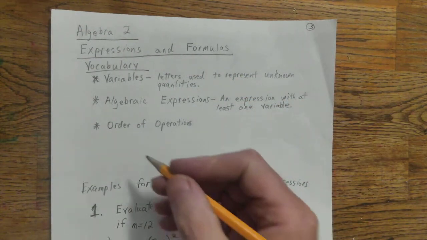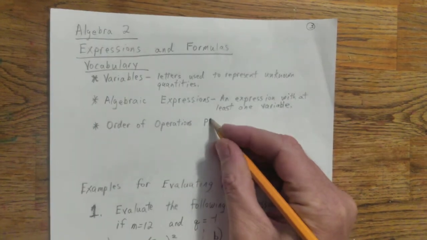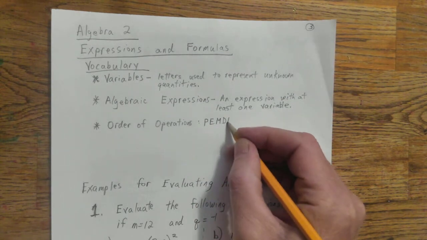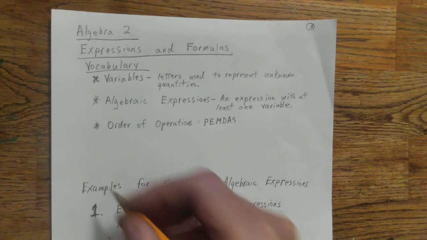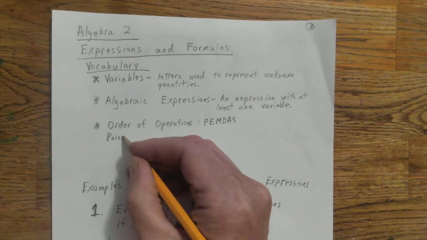Now, order of operations. You've been doing this for a while, I think. We'll just keep that PEMDAS acronym going here. You work with the grouping symbols, which are the parentheses.